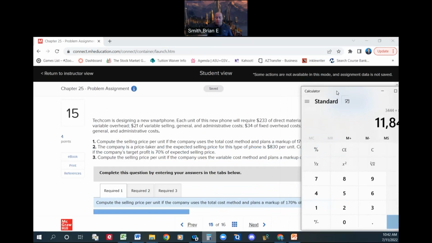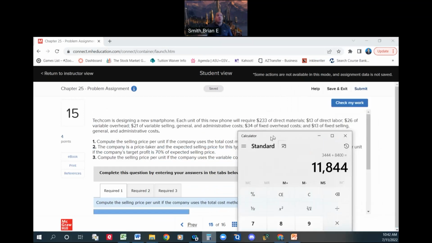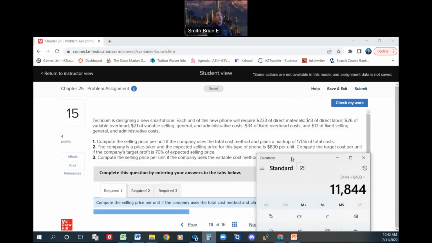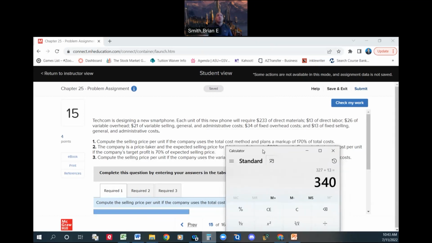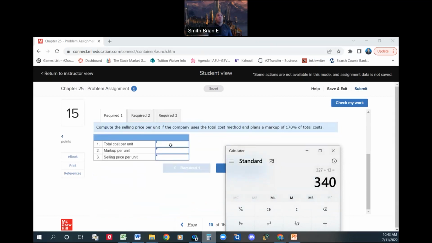So we're going to need to get our variable and fixed costs per unit. 233, 13, 26, 21, $293 of variable costs, and the 34 and the 13, $340 total cost.